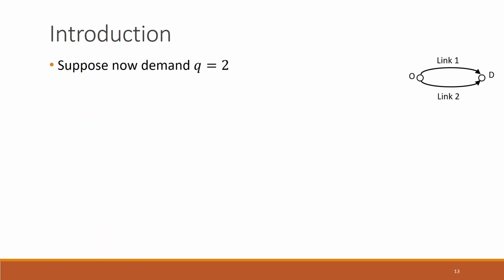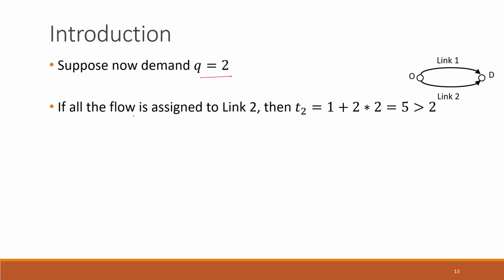Now let us take a look at another example. Suppose the demand is equal to 2 here. If all the flow is assigned to link 2, then the travel time experienced on this link will be equal to 5 units, because the travel time expression for link 2 was 1 plus the flow of that link squared.